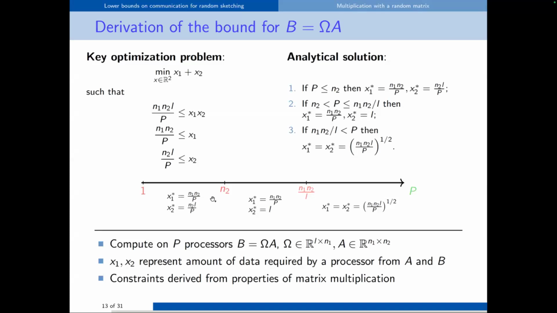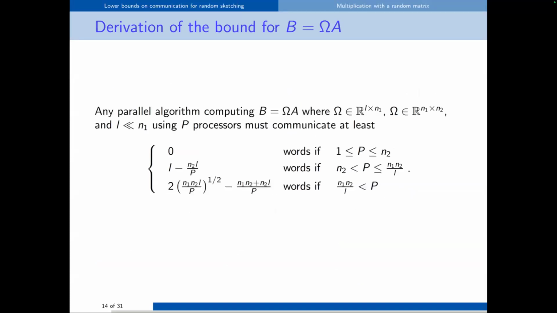And so if we solve this problem, then we obtain the following communication bounds, which tell me that if the number of processors is smaller than the number of columns in the matrix A, then I would need no communication. And then we have two other cases in which I will need some communication.